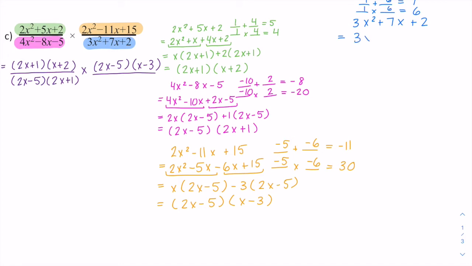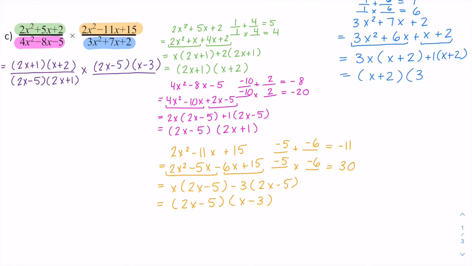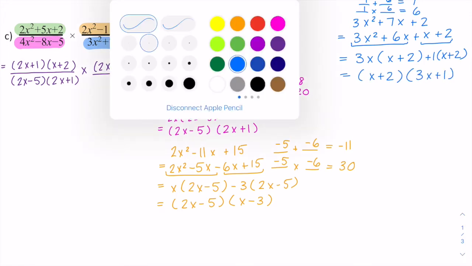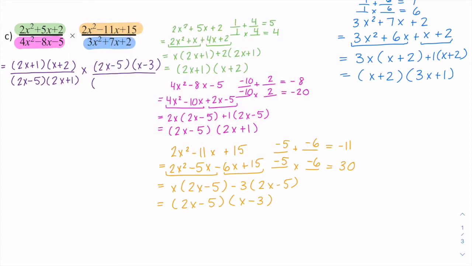So 3x squared plus 6x plus x plus 2. Factor by grouping again. And we're left with x plus 2, 3x plus 1. So after all that factoring, I can put that over here.